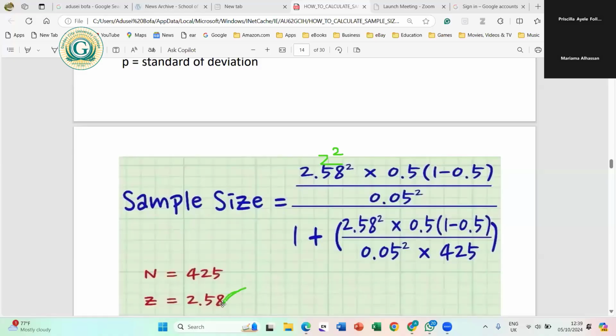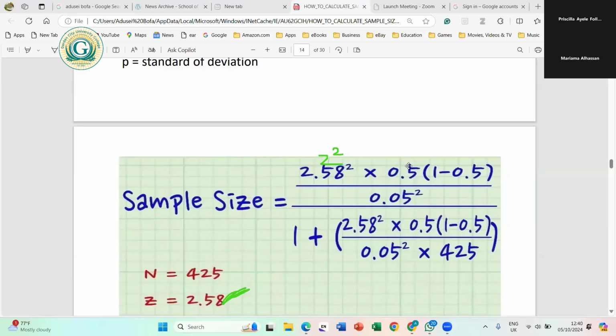If you look at the Z score, what confidence level are we using here? 99. Thank you very much. So it means that we are using 99% confidence level. And since we are using 99% confidence level, then the Z score for that is 2.58. So it's not a matter of any magic behind the formula.